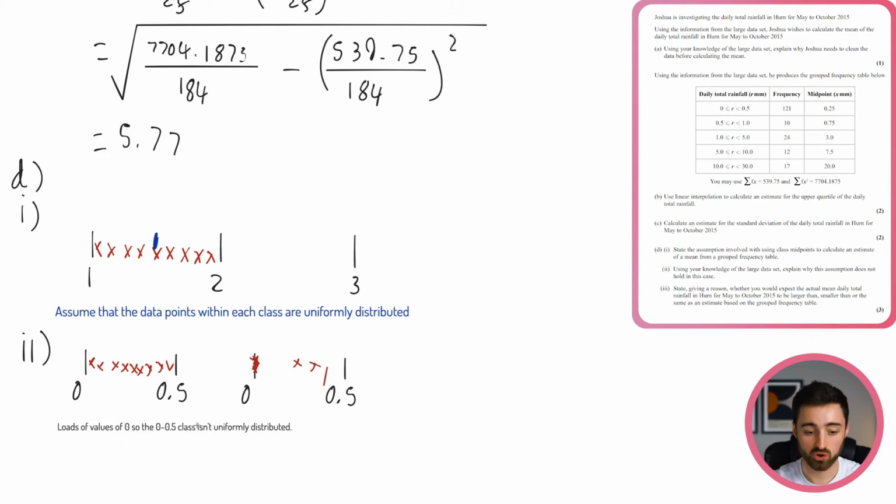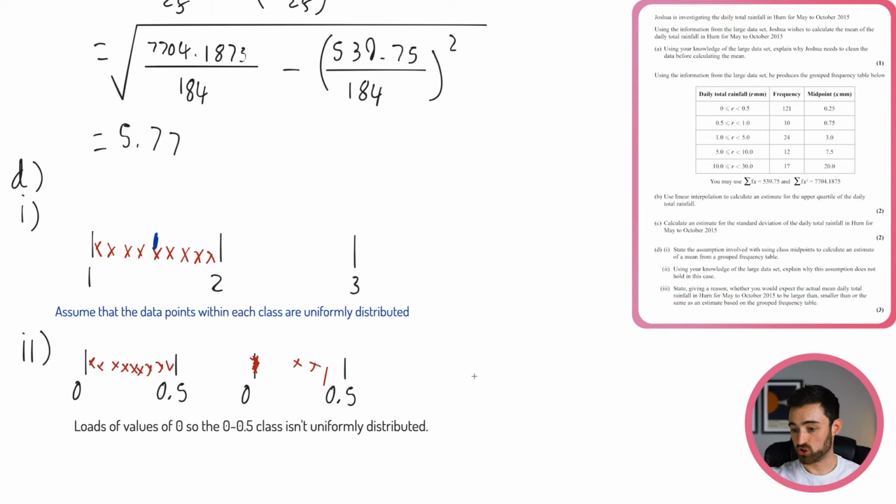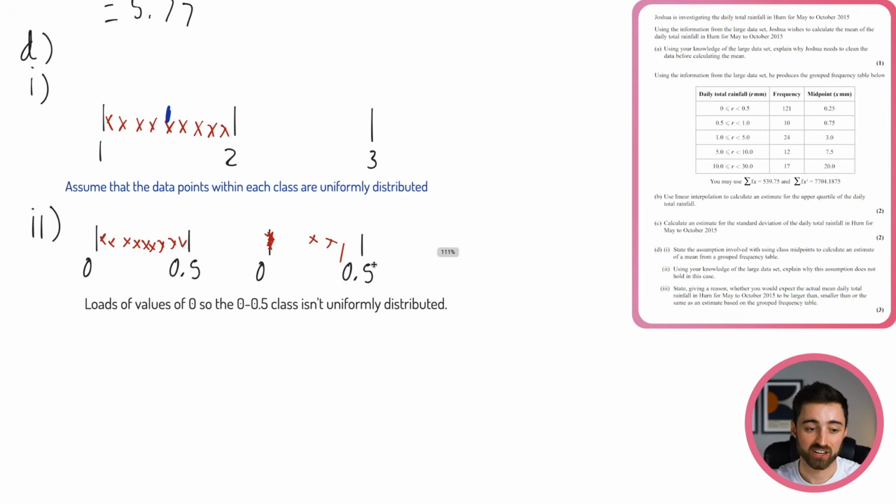Then, would you expect the actual mean daily total to be larger than, smaller than, or the same as the estimate? Well, we've kind of answered that here. We assumed it was like this, but in actual fact it's like this. Therefore, the mean's definitely going to be smaller, isn't it? Because the actual mean is going to use an average value much lower than what we used here.